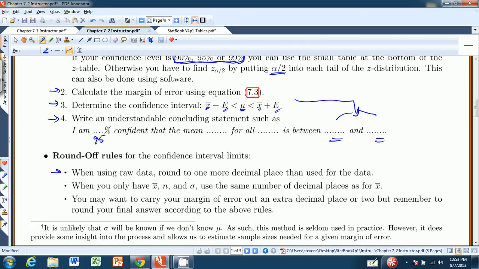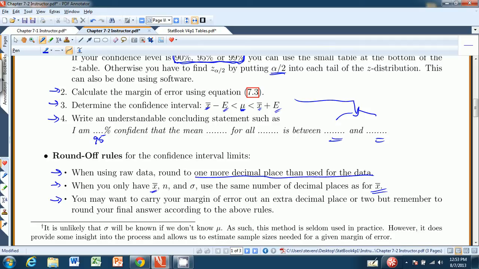Round-off rules: when you're using raw data, you use one more decimal place than the raw data, just as in the round-off rule for the mean or the standard deviation. If you only have the sample mean, you want to use the same number of decimals in your interval estimate as you do for x bar.